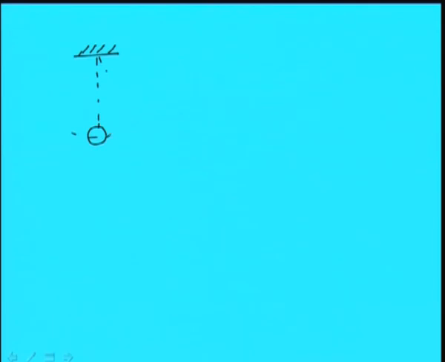This pendulum is oscillating, and this is the position of the pendulum at time t, with angle theta. The length of the cord is L and the mass is m.